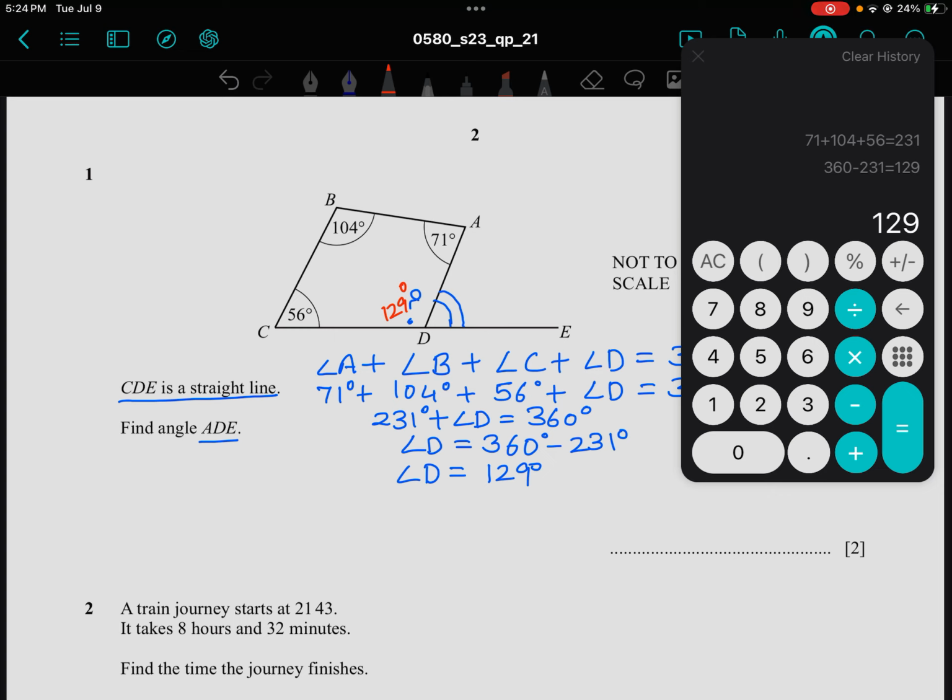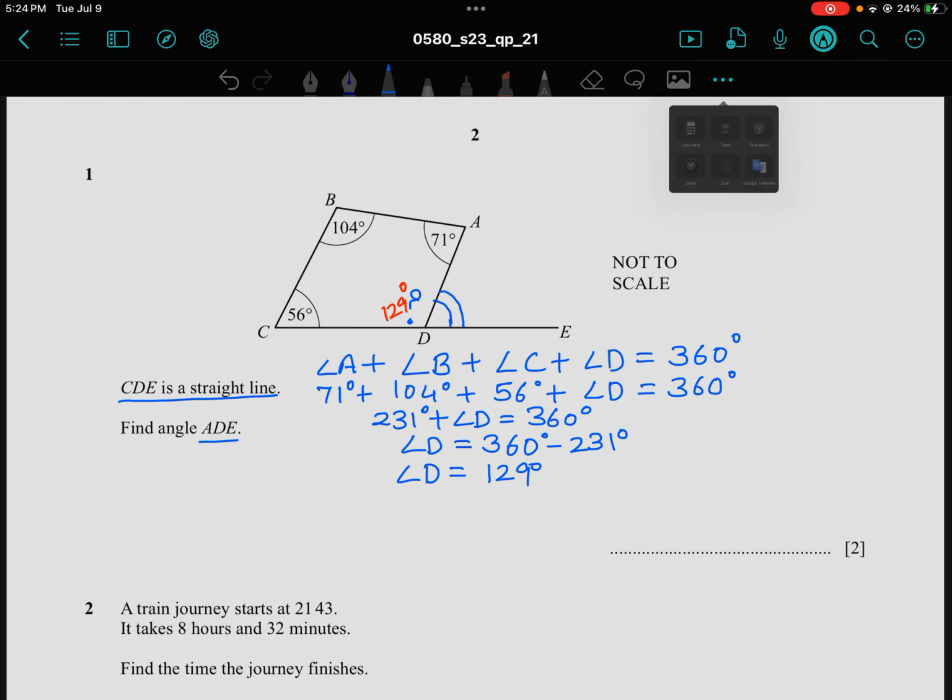Now to calculate angle ADE, we know that on a straight line the sum of all the angles equals 180 degrees. So here on a straight line, these two angles will make up 180 degrees. That means 129 degrees plus angle ADE will be equal to 180 degrees.